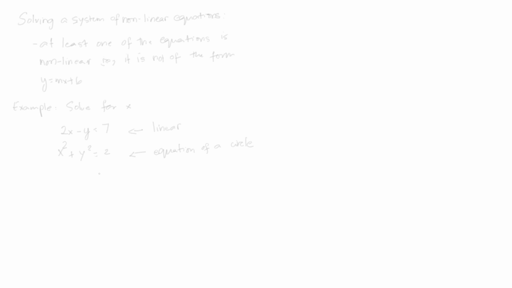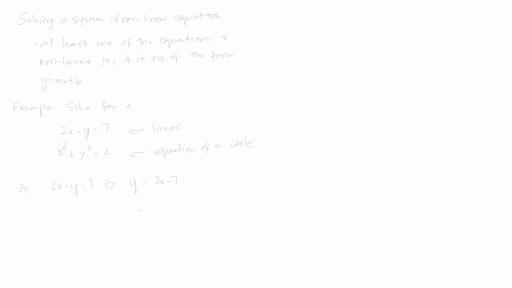So how do we solve? So again, it's by substituting one in terms of another. So let's start by using the linear equation, which is the easiest. So I'm going to rewrite y as 2x minus 7.